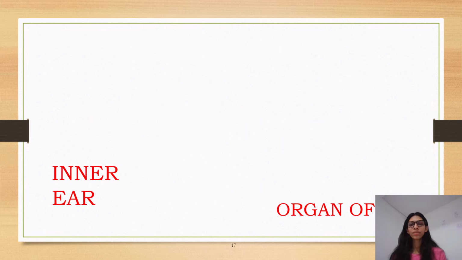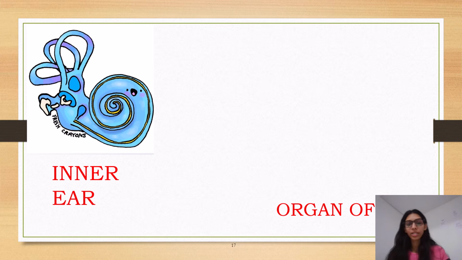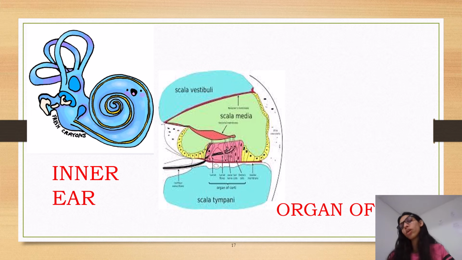So talking about the cochlea portion of the inner ear, the cochlea can be mainly divided into three different portions: scala vestibuli, scala media, and scala tympani.